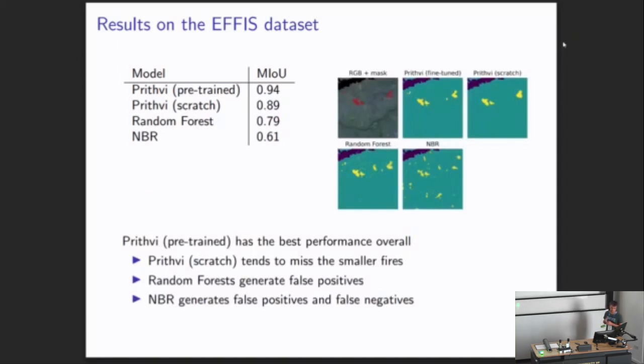And here is a typical example of what I could observe: the approach from scratch was actually missing the smaller fires, and the random forests were generating some false positives, while the normalized burn ratio could work on some images, but most times it was kind of missing some wildfires and generating also false positives.